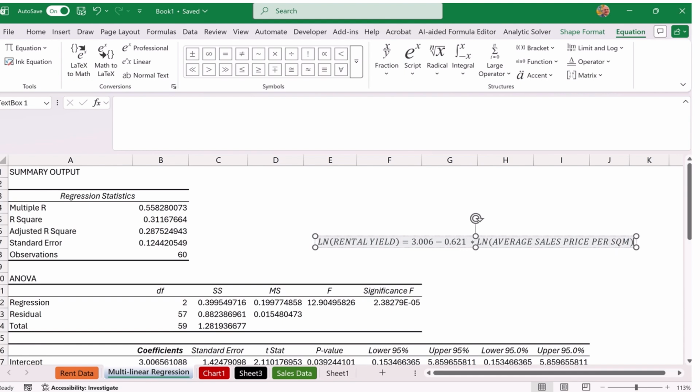And you can see that the relationship between rental yield and average sales price per square meter is inversely proportional because of this negative sign. So when the average sales price per square meter increases, the yield compresses.